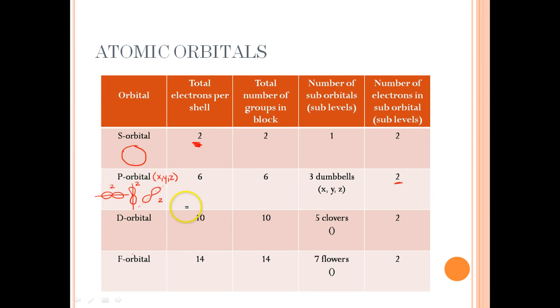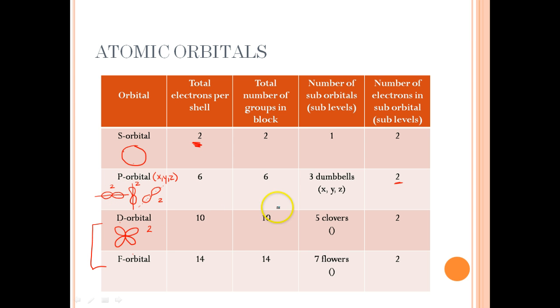Okay, and then the d orbital holds 10, and these get a little bit more difficult. We won't be drawing these. We will be drawing atoms that are in the s and the p orbitals. The d orbital is a clover, and there are many, but the clover just looks like this. And there's one that can go on the x-axis, one on the y, one on the z. Each of these clovers can only hold 2 electrons, just like the suborbitals of p.